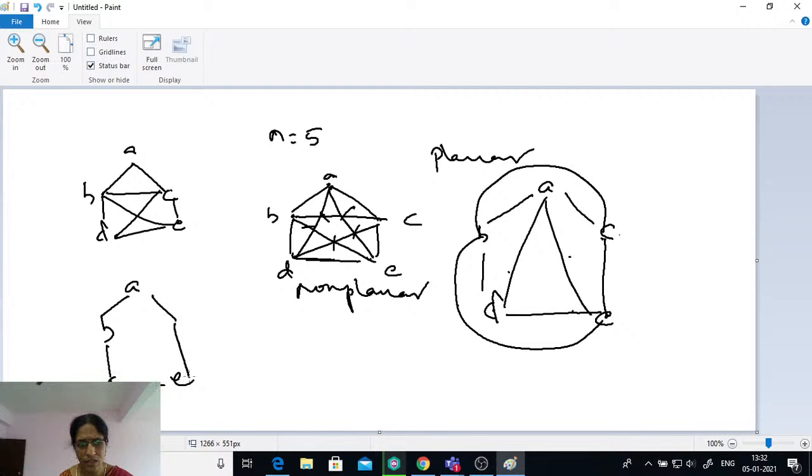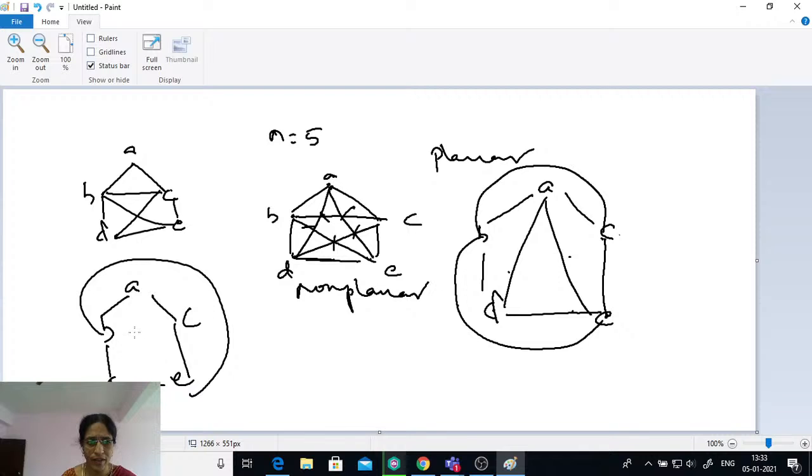This is the easy way: from B to E. So this is the planar graph. But if it is the complete graph, then we cannot convert it into a planar graph. If a complete graph contains more than 4 vertices, it is not a planar graph.